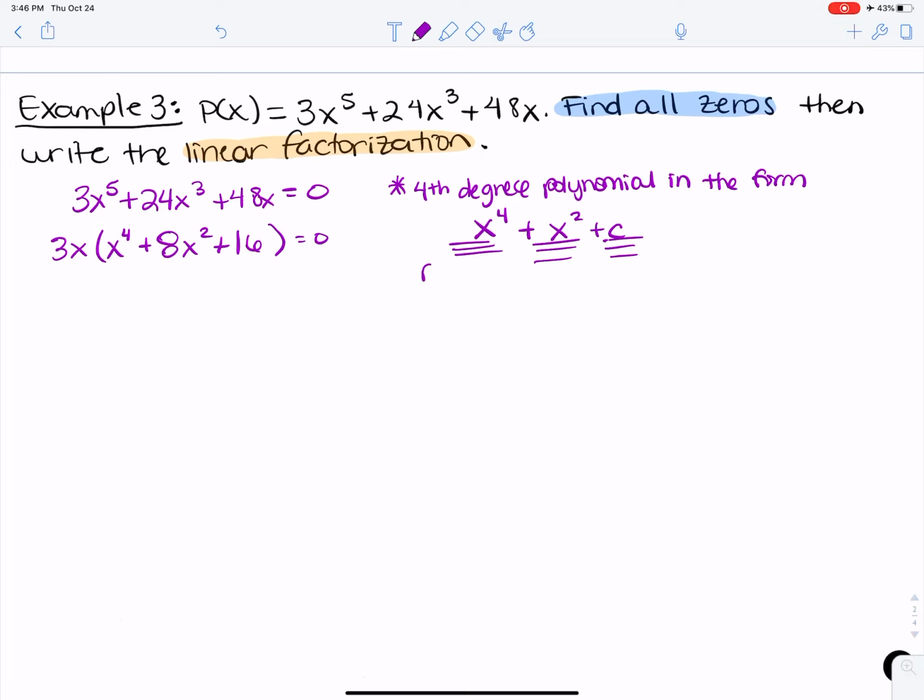Then you are going to factor like a quadratic. And we're going to factor like a quadratic trinomial specifically.